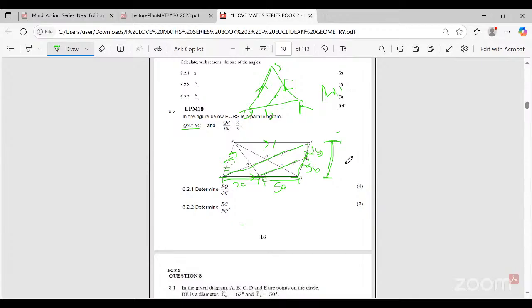It's 2 plus 5, which is 7B. And then, okay, fine, hold it like that. Where is this OC now? This is OC.